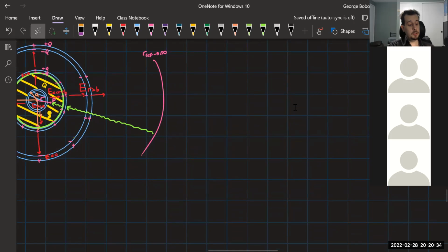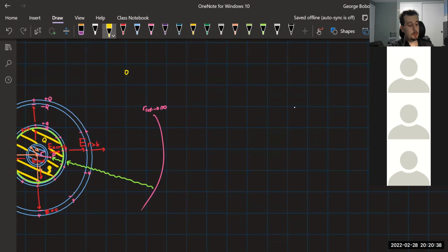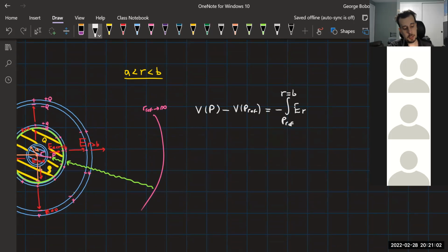Same deal, right? You start again by writing it out. We're doing this right now for the region between A and B. V of P minus V of P reference is equal to, we're going to go from P reference, which is infinity, all the way to the shell, R equals B. We're integrating this electric field until we get there.